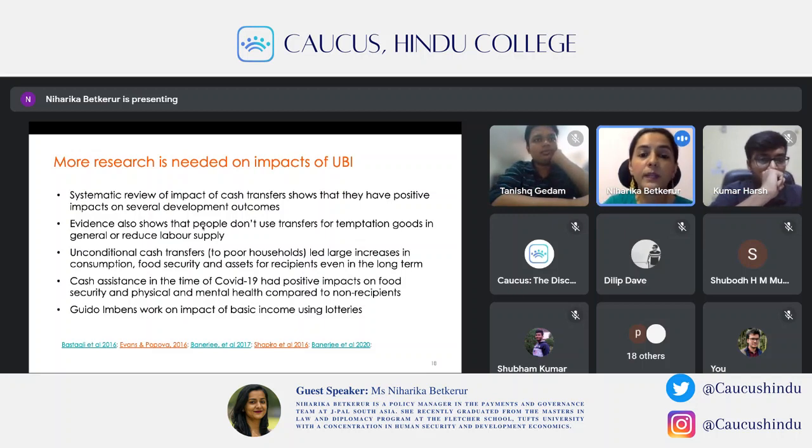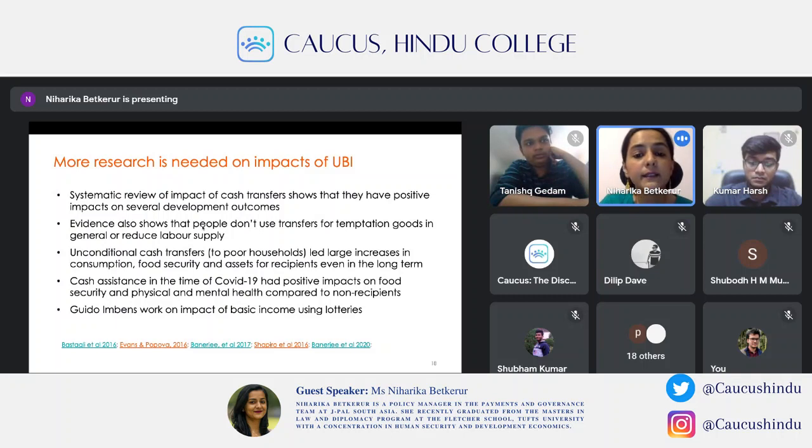So this could be poverty alleviation, health, education, school enrollments, women empowerment, reduction in intimate partner violence, and better investment in productive assets. So cash transfers can be used to drive a lot of different outcomes, and that's what we've seen, largely a positive impact of cash transfers.